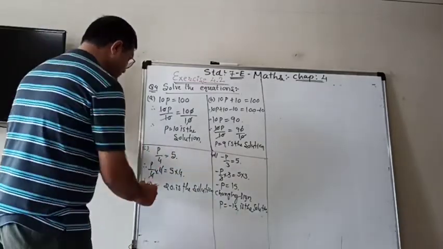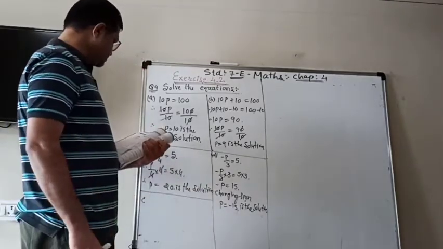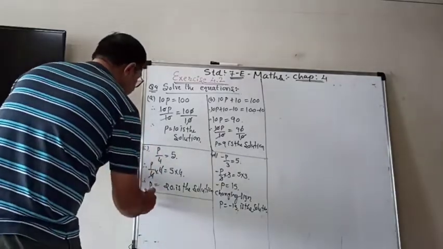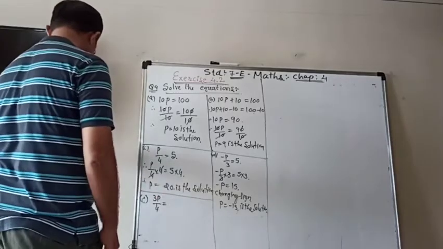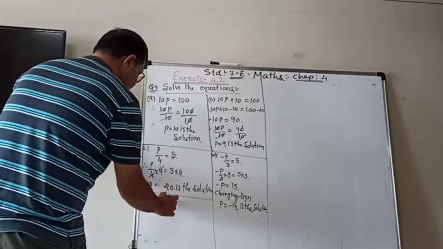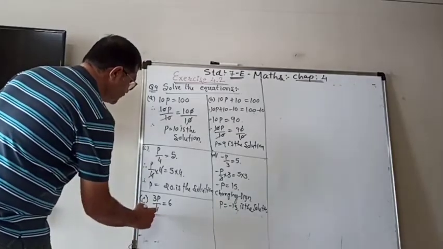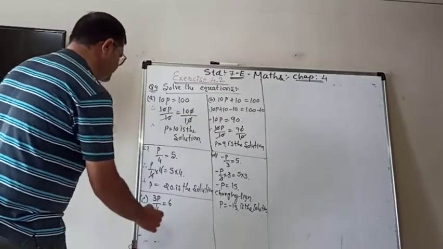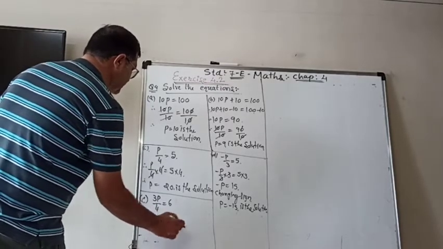Then number E. E is 3p upon 4 is equal to 6. So now, therefore, 3p upon 4 multiplied by 4 is equal to 6 multiplied by 4.